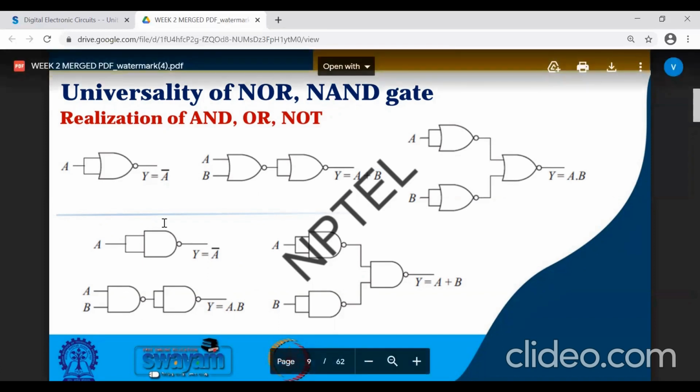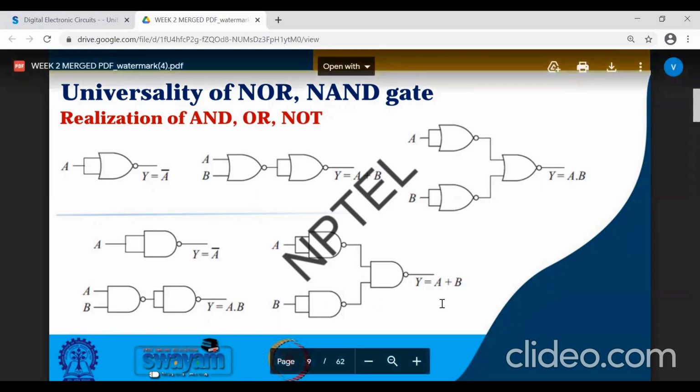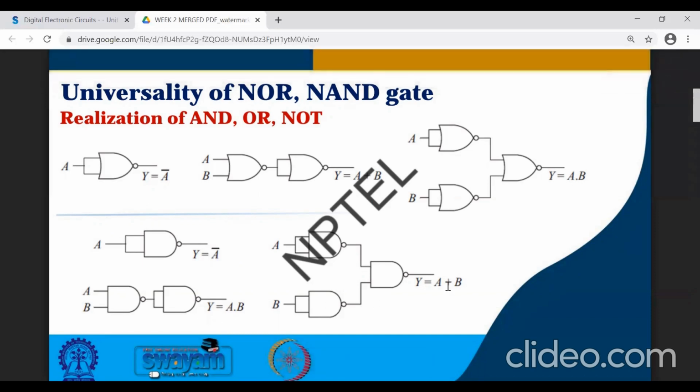Again, if we look at the below diagrams, NAND gate can be used to implement or realize NOT gate, then AND gate, OR gate, and these are the circuit diagrams.